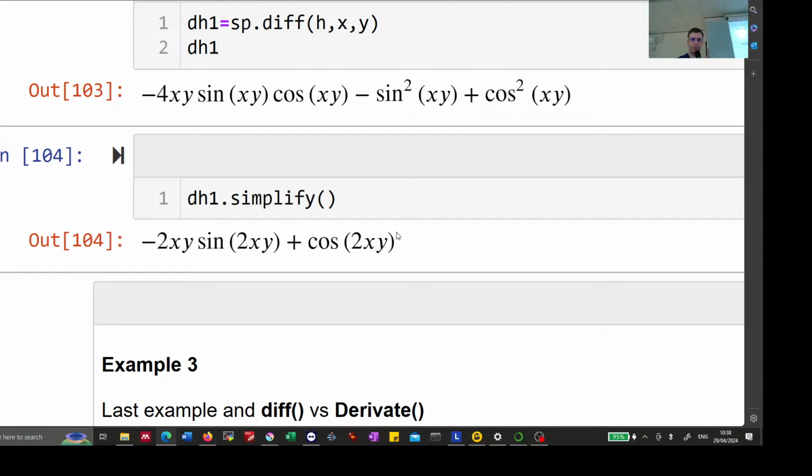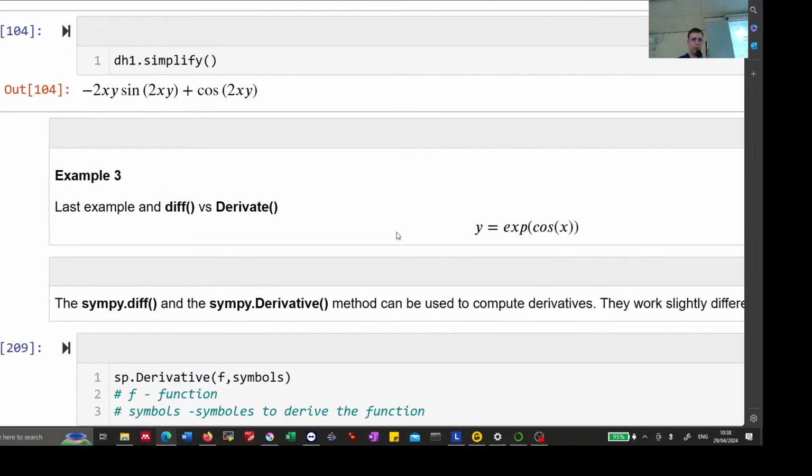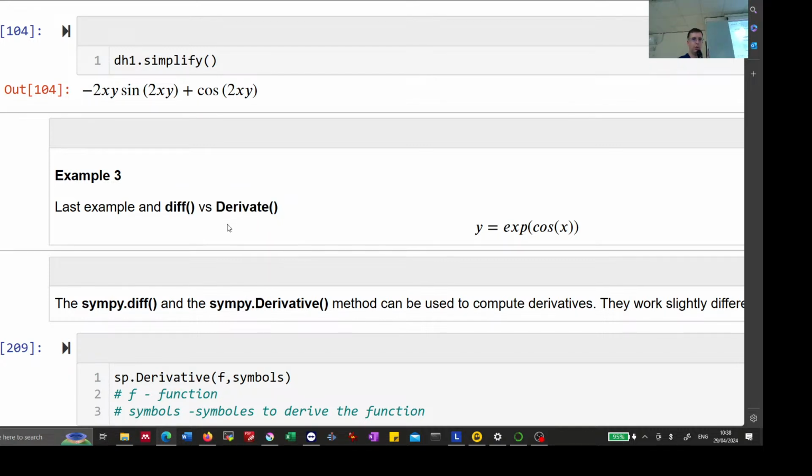Okay. Then we have the next example where we look into differences between diff and derivative. Differentiate, diff, provides you with the result of the action of taking a derivative, where Derivative itself displays the action to be taken.